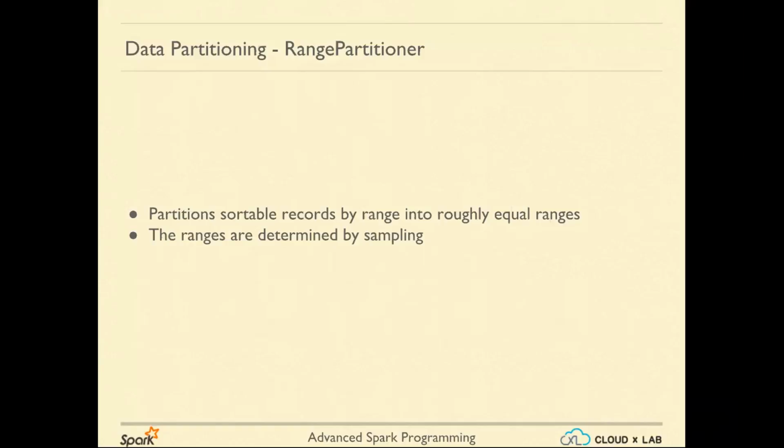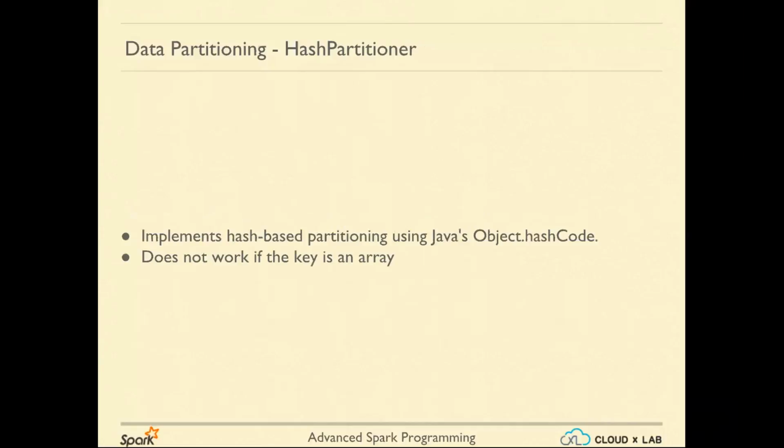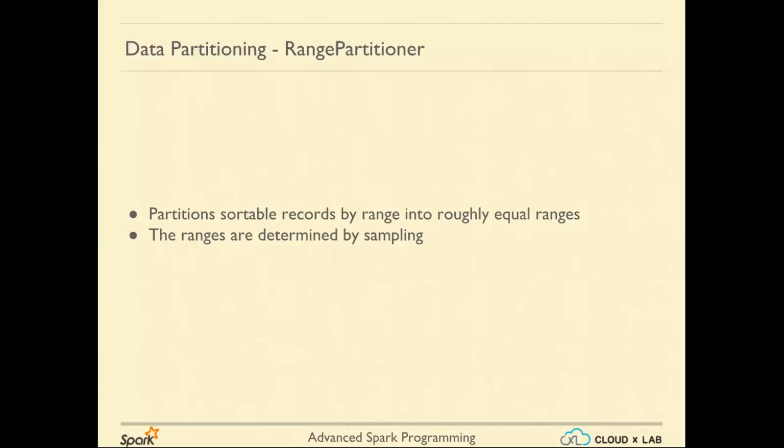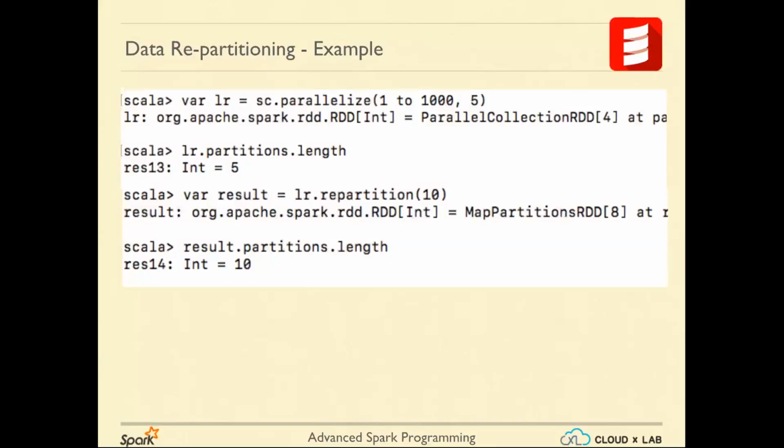So basically, the range partitioner helps you keep the data in the partitions ordered based on the value of the key, while hash partitioner does it based on the hash code.